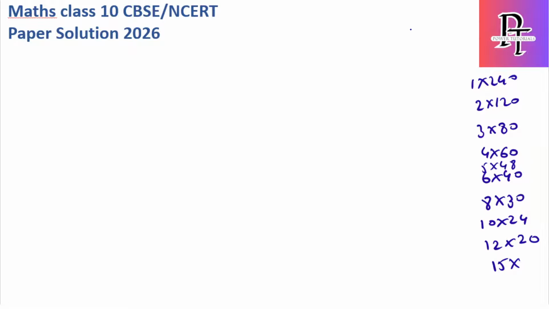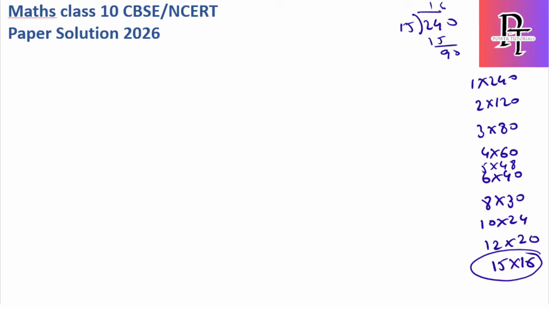Let's check where I am getting it. 15 ones are 15, 15 sixes are 90. Okay, 15 into 16. So this is enough to get the value of x.